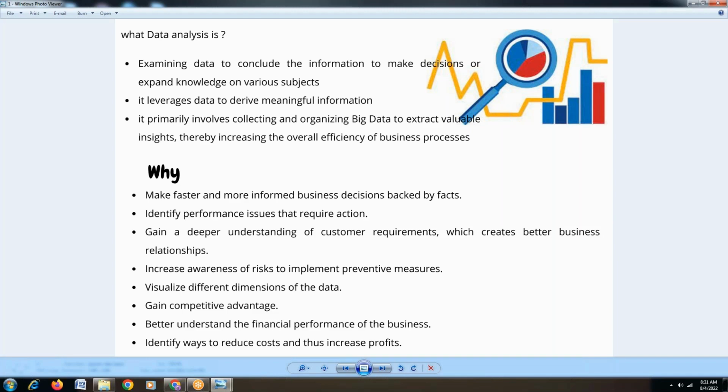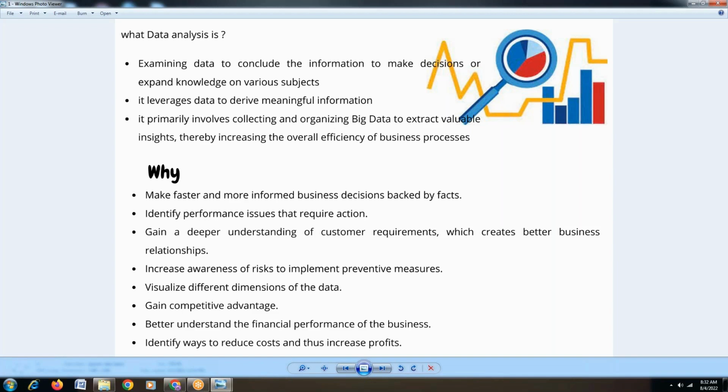Now, the second point: why data analysis? For what reason is data analysis being used? What are the reasons behind it? Is it only for business decisions? Yes, of course, to an extent, not to the full extent. Data analysis is required for any organization to take business decisions based upon facts which are evident.